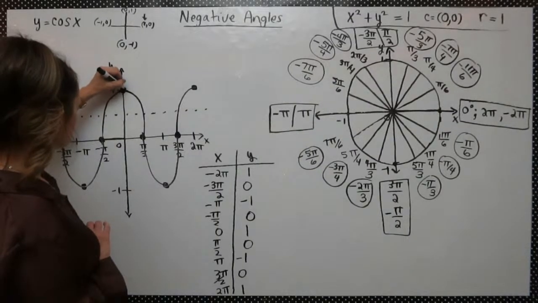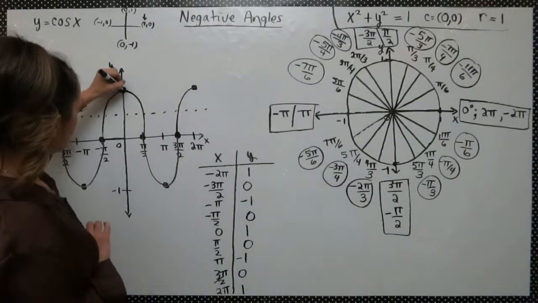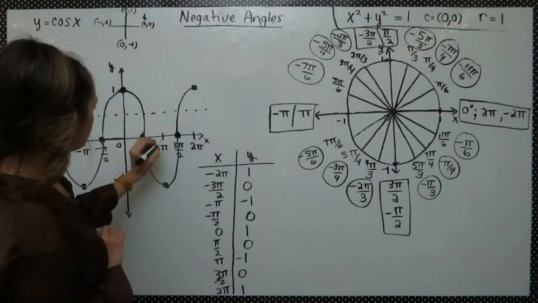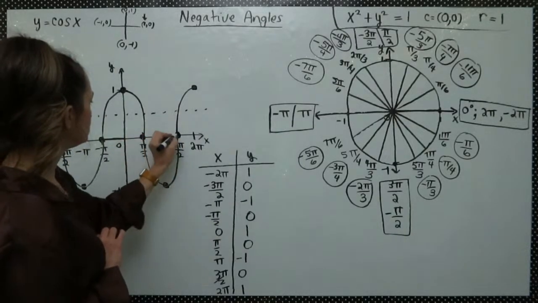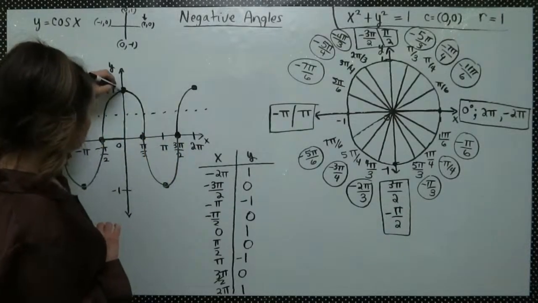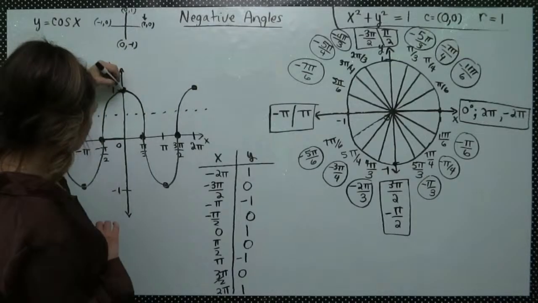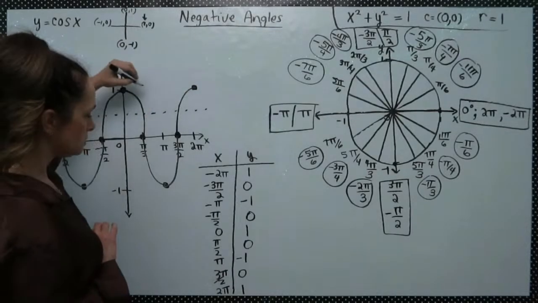And so what they've done is from 0, let's see, we can't use 3 pi over 2 because you have 2 of those values. You can't use 2 pi because you have those values. These values are the same.